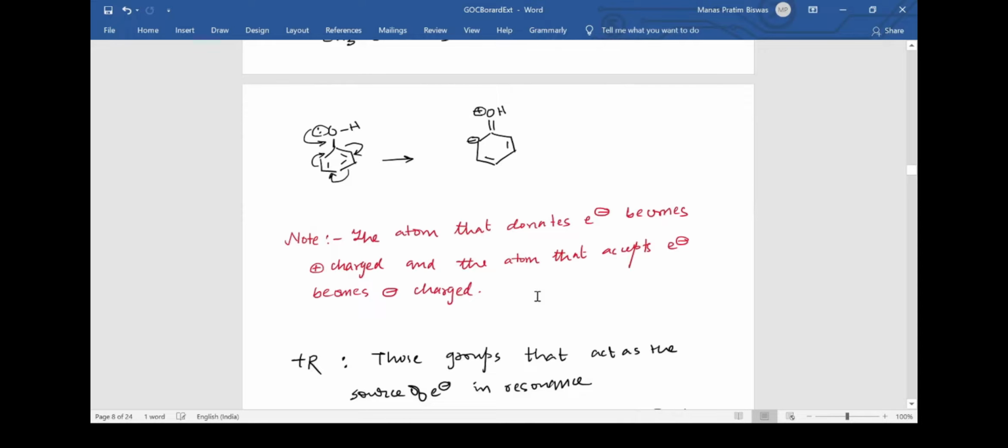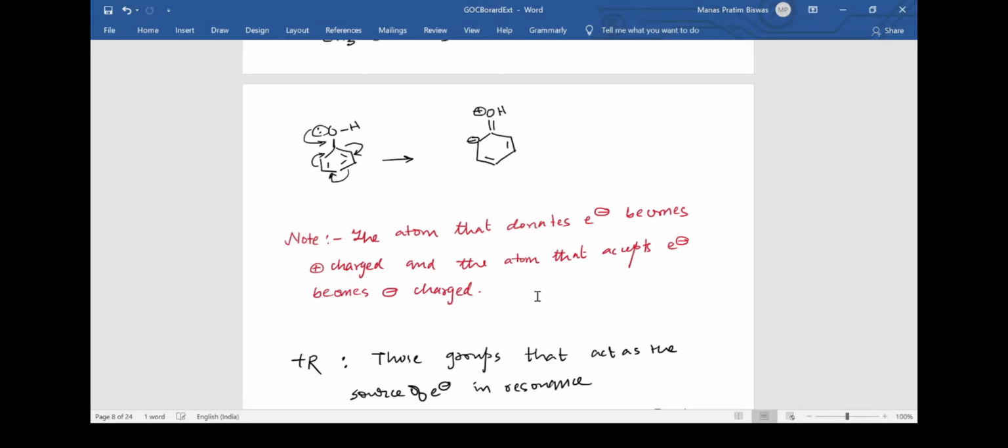I have written a very general thing over here so that you don't get confused about why and when which atom is getting a positive or negative charge. So I have generalized it. You need to remember this: the atom that donates an electron becomes positively charged. It's quite obvious, because it was having an electron and now the electron is lost, so it becomes positively charged itself, and the atom that accepts an electron becomes negatively charged.